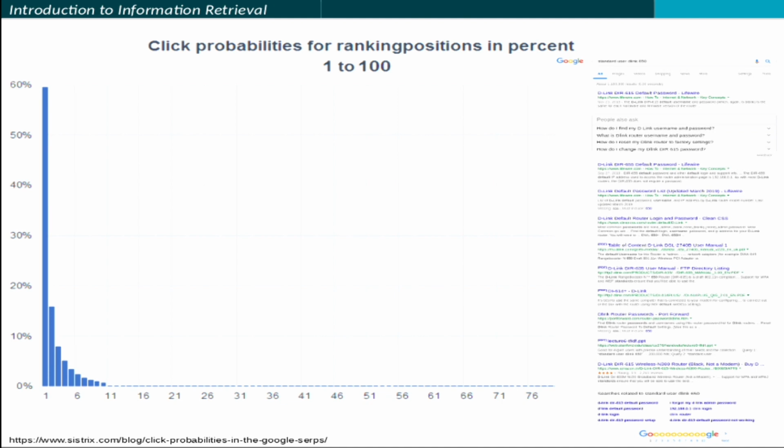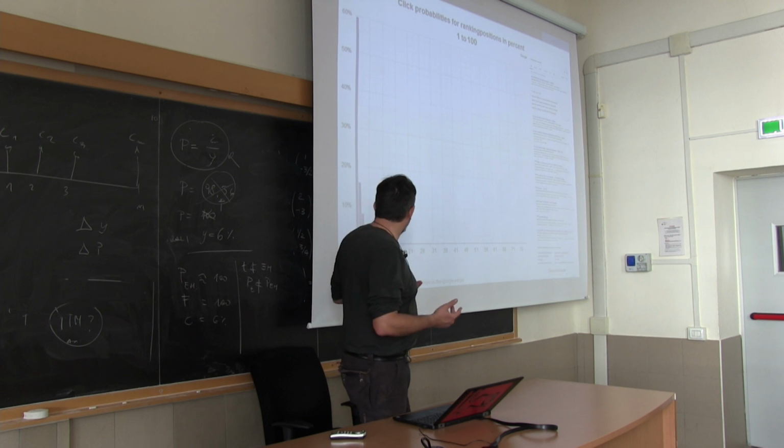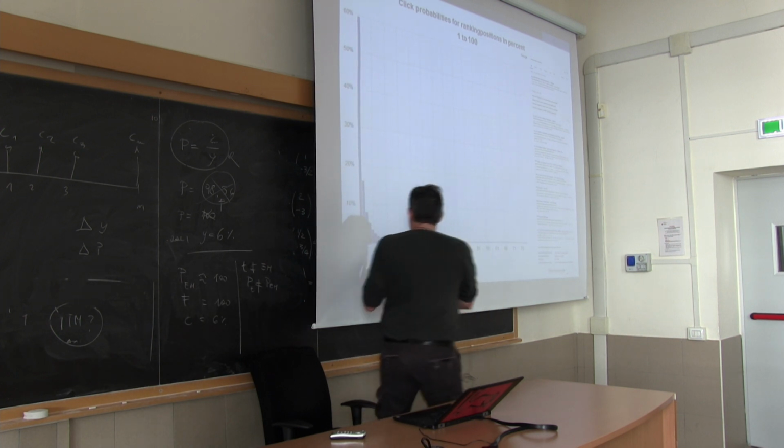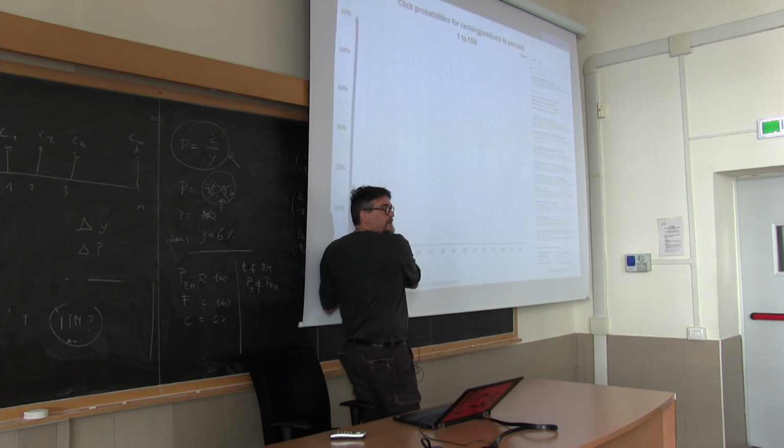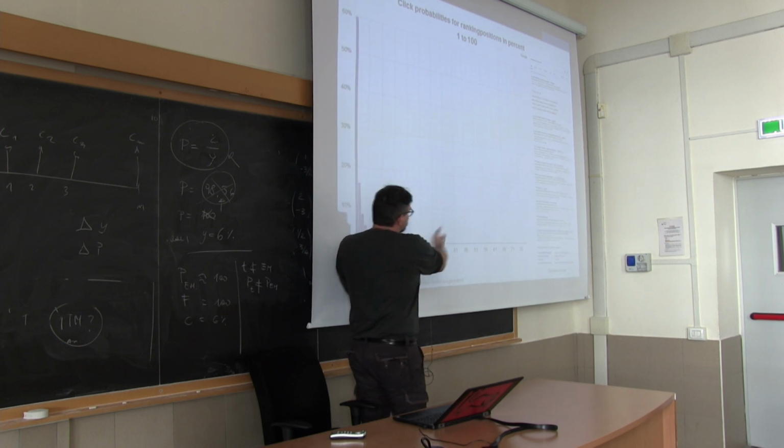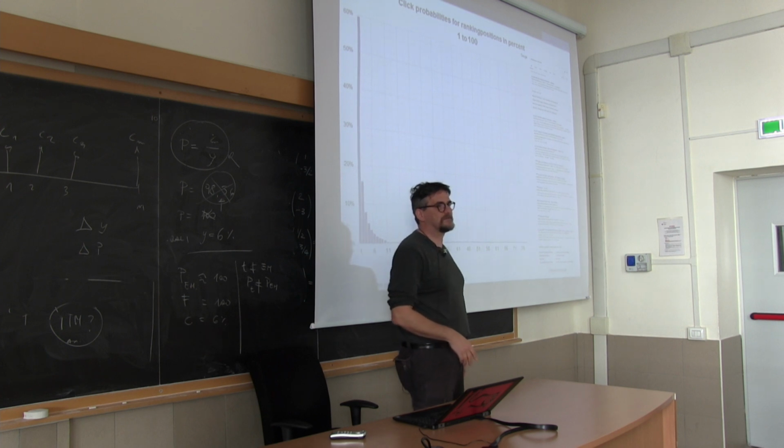Just to give you an example about Google, what are the click probabilities for the ranking position? As you see, about 60% of the clicks are on the first result in rank, and then there is immediately a very significant decrease in the probability. Roughly, either a document gets clicked because it is on the first page, or basically it is not clicked at all.